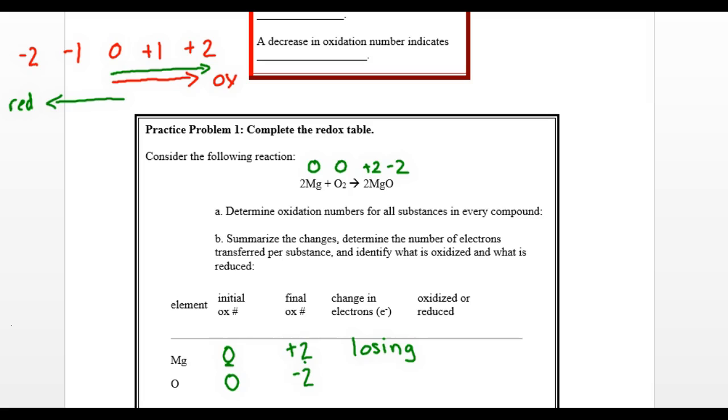Specifically losing 2 electrons, and it is being oxidized. On the oxygen side of things, we see oxygen starting off as an atom and becoming an ion by gaining 2 electrons. And therefore we say that oxygen has been reduced.